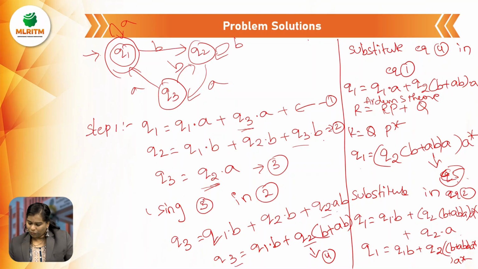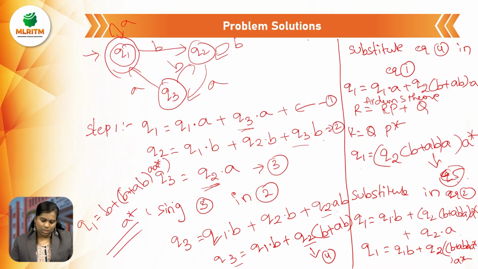So this is in the form of Q2 is equal to B plus AB, A star, A star. This is the regular expression of this problem. So thank you. Hope you like it.